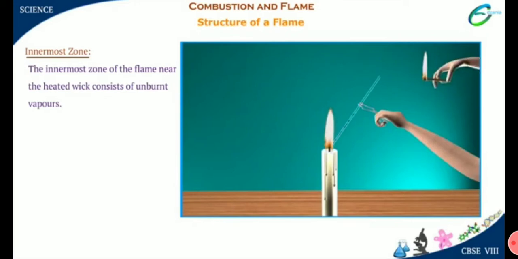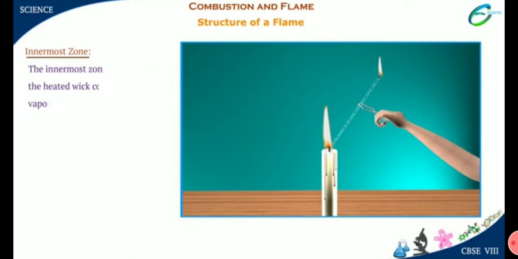And on introducing a lighted matchstick near the end of the glass tube, the wax vapors coming out of it catch fire, producing a flame. So we can say that the innermost zone of a candle consists of unburnt wax vapors.